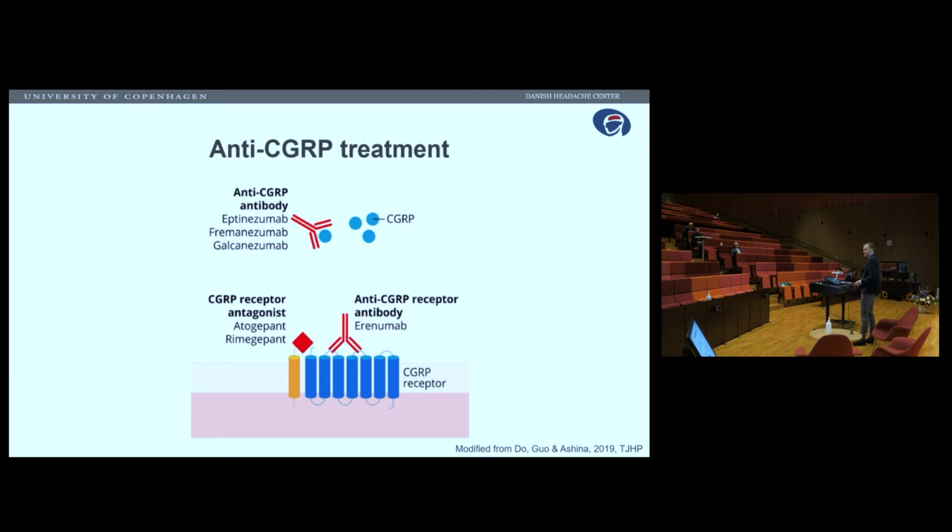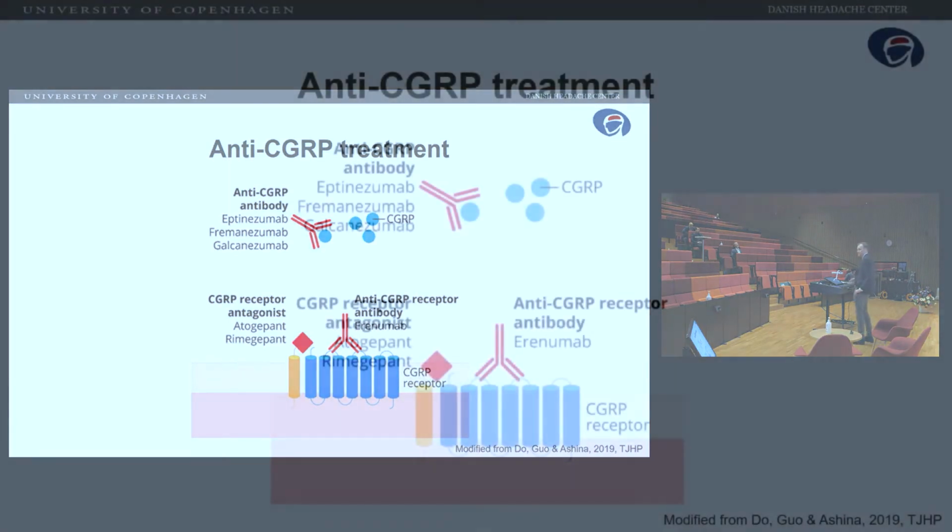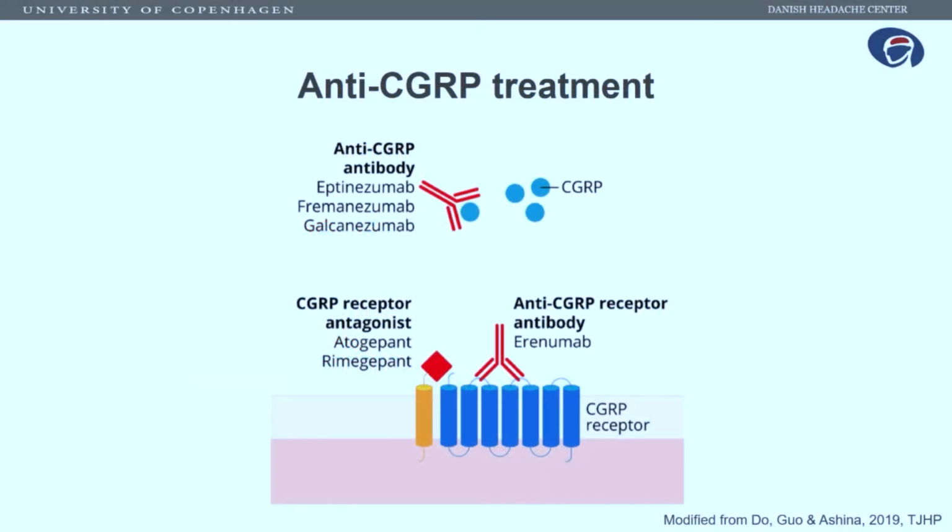So let's talk a bit about these anti-CGRP treatments. By now, you may have heard the names a few times before. Eptinezumab, fremanezumab, galcanezumab, all against the ligand, and then erenumab for the receptor, and some newer ones, antagonists, small molecules for the receptor, of course, as well.